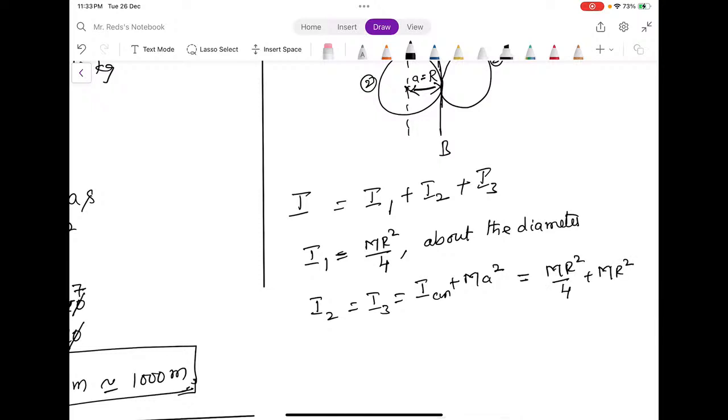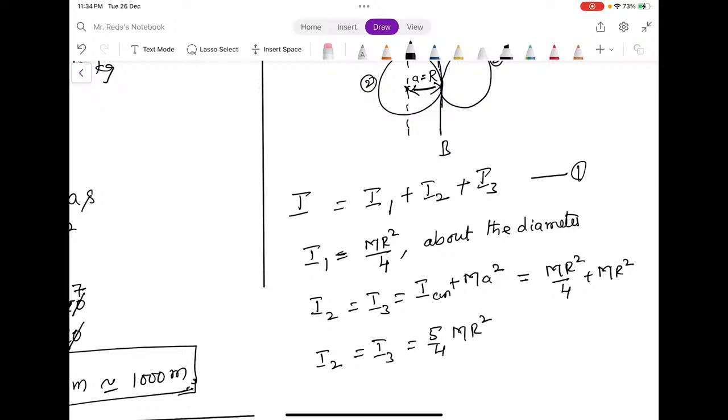Taking out mr square, 1 plus 1 by 4, that is 4 plus 1, 5 by 4, mr square. So I2 is equal to I3 is equal to 5 by 4 mr square.